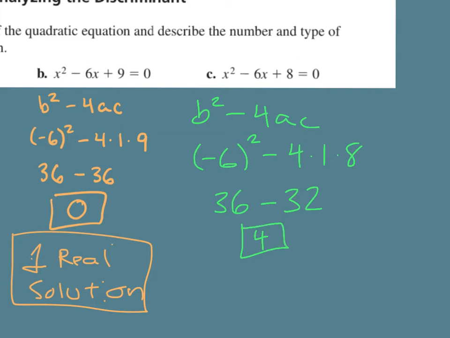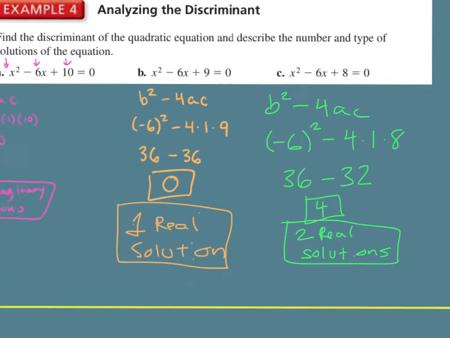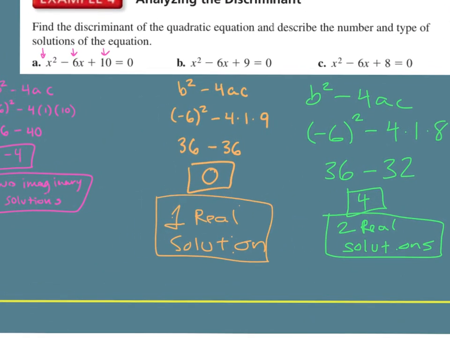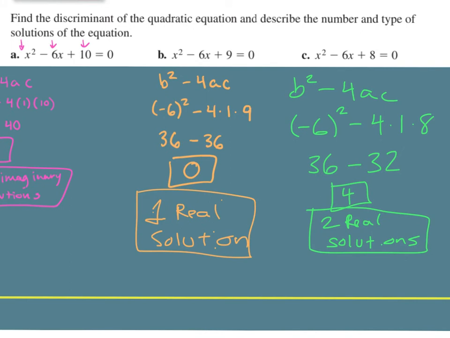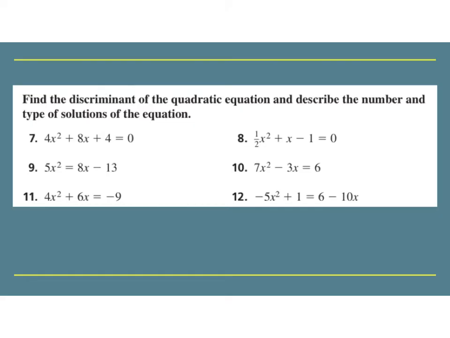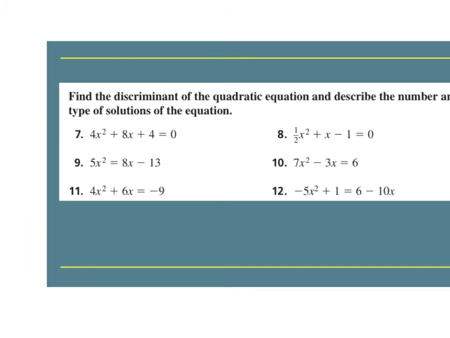And what does a positive discriminant tell us? Two real solutions. Any questions here? All right, we have 6 more examples just like that.